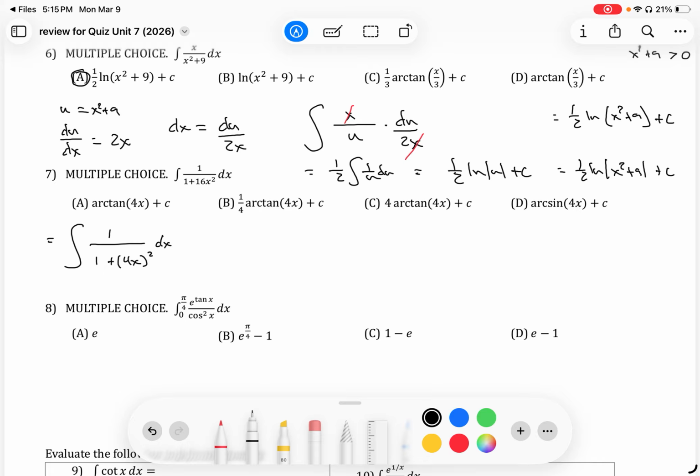And so, again, this is basically the derivative of an arctangent function with a linear function plugged in. So I can find the antiderivative normally. It would be arctangent of 4x. But I need to divide by 4, again, because that's the derivative of the linear function. So I'm really undoing the chain rule. And that's going to give me b.